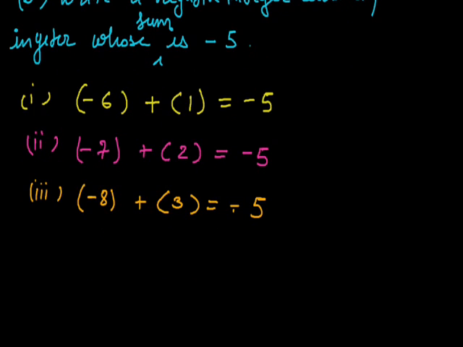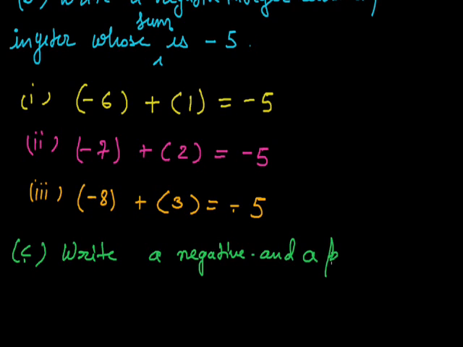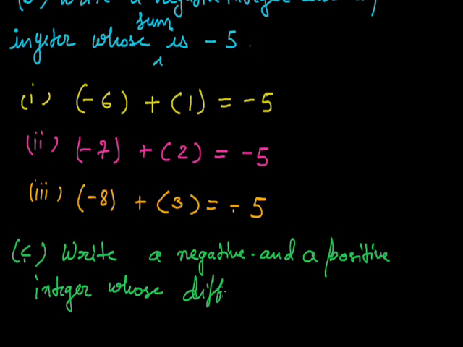Now the C part of this question: write a negative and a positive integer whose difference is -3.